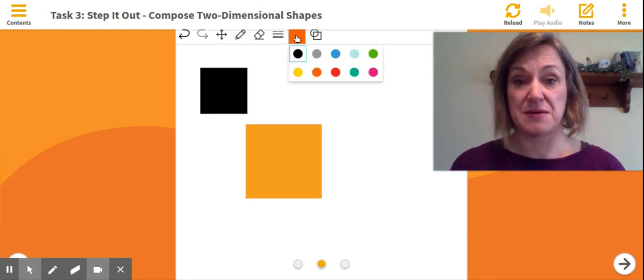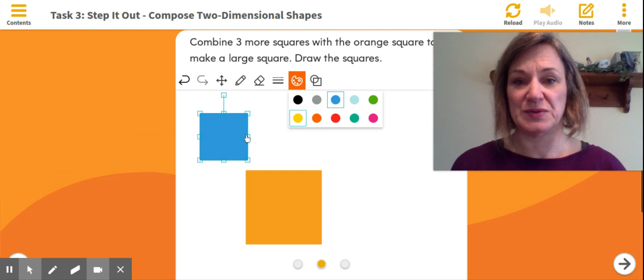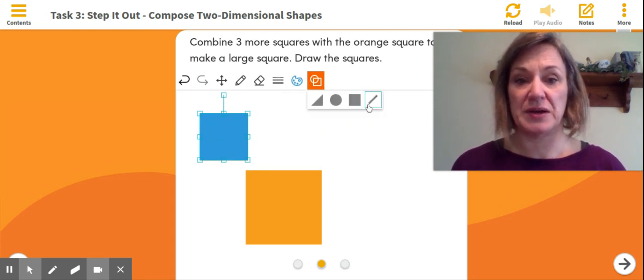And I'm going to make them blue, so you can see them a little bit better than the black. Whoops, I need to touch it. There we go. Still learning how to use these tools. Now, I'm not going to combine mine with their gold one because it's a little bit bigger. So I'm going to use these blue squares, and I'm going to pretend that orange one's not there.